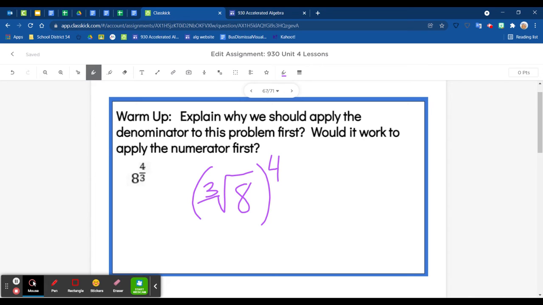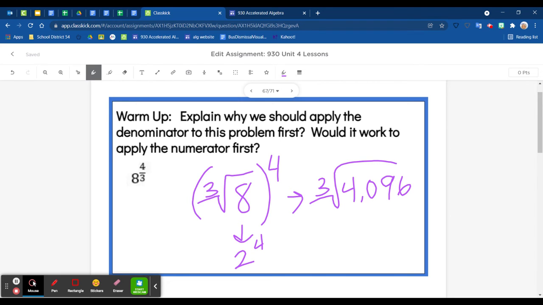And if you watched my last video, you know I stress this over and over and over again. It's easier to take 2 to the power of 4 than it is to find the cube root of, well, let's see, what is 8 to the power of 4? 8 times 8 is 64. 64 times 8 is 512, times 8 again, because it's to the power of 4, is 4,096.